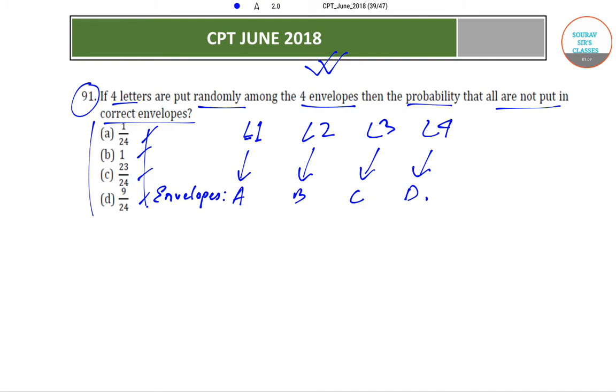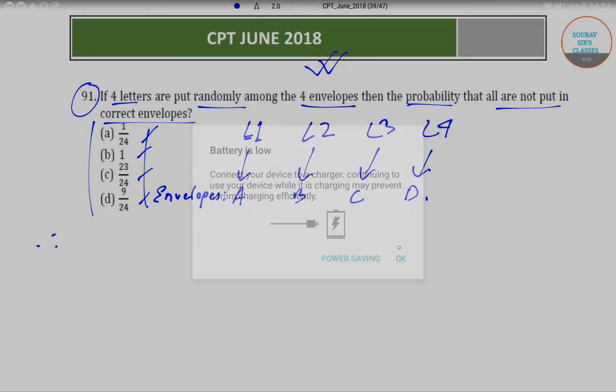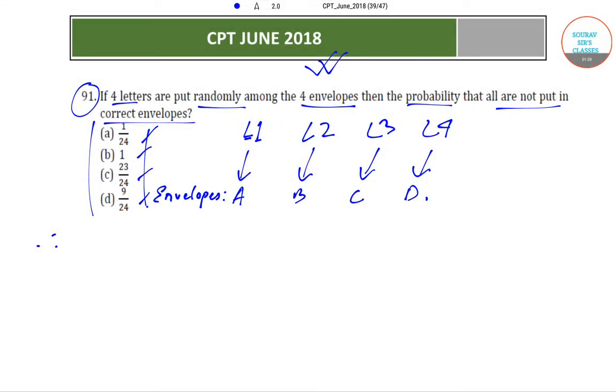Let us find out the probability that all the letters are going into the correct envelopes. For finding the probability, let us first find the number of cases in which all the letters are going into their respective correct envelopes. How many cases are there?